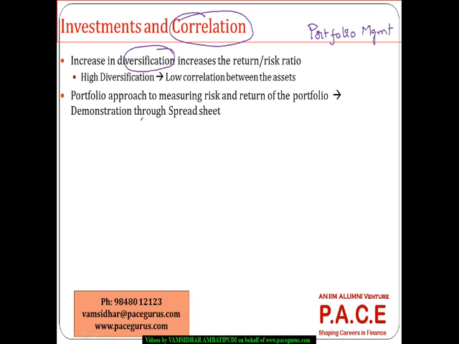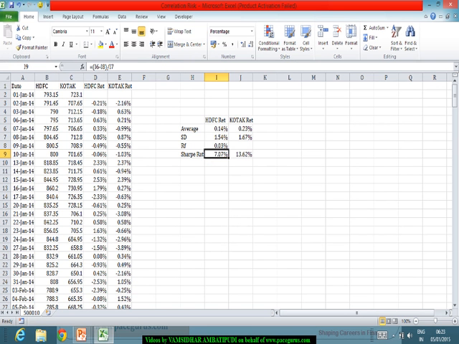Now, can I reduce the risk to some extent? It shows that if I invest 100% in Kotak, it is going to give me a higher Sharpe ratio. But on the other side, there may be an intercorrelation existing between the two.